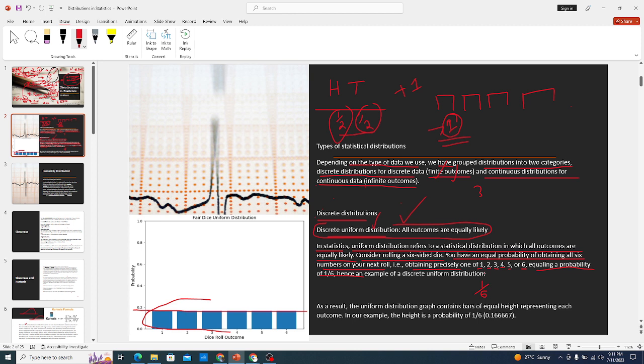It's possible to get a one, and the probability of getting the one-dot side is 1 over 6.